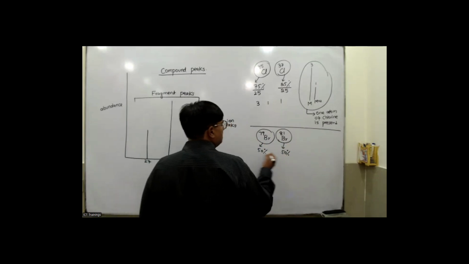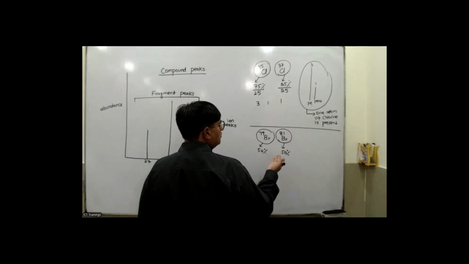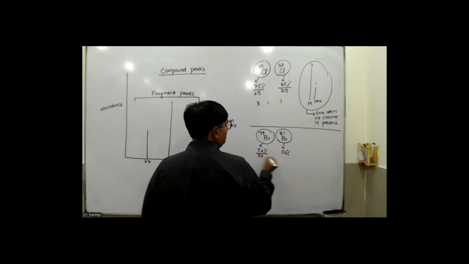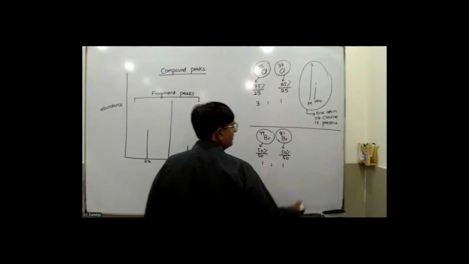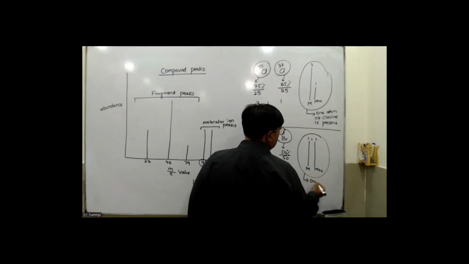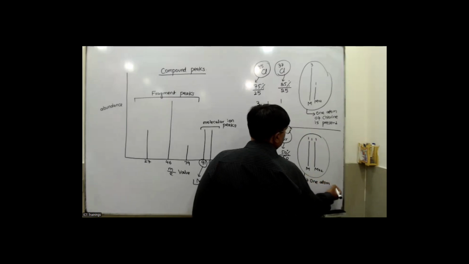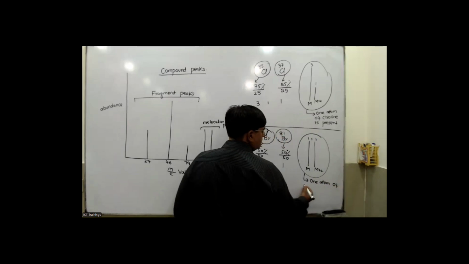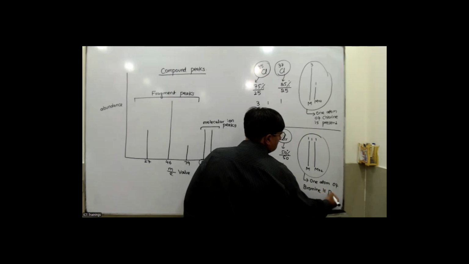So 50 divided by 50 becomes 1:1. If the heights of both peaks are exactly the same, this is M and this is M plus 2, 1:1, it means you got one atom of bromine present.